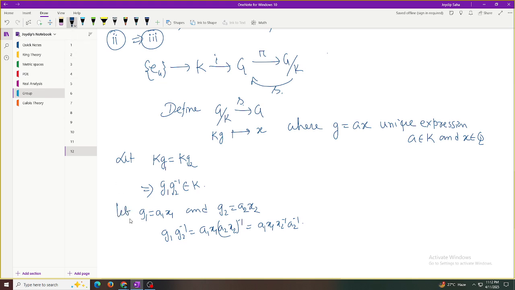I can write it as a1 x1 a1 inverse, then a1 x2 inverse a2 inverse.